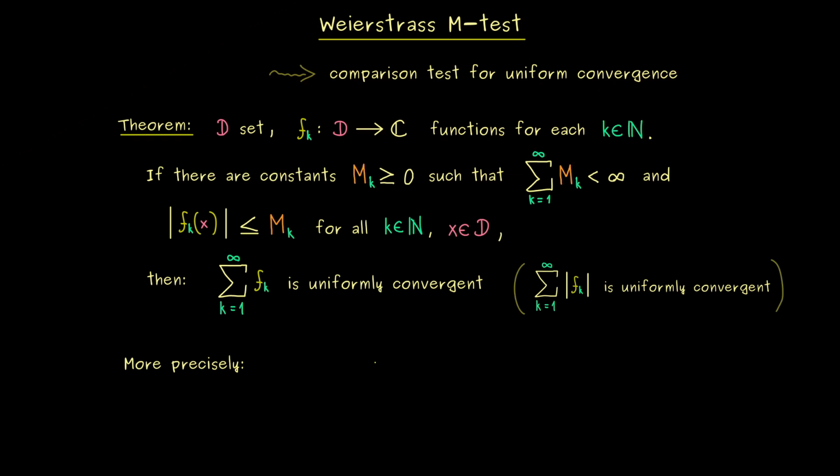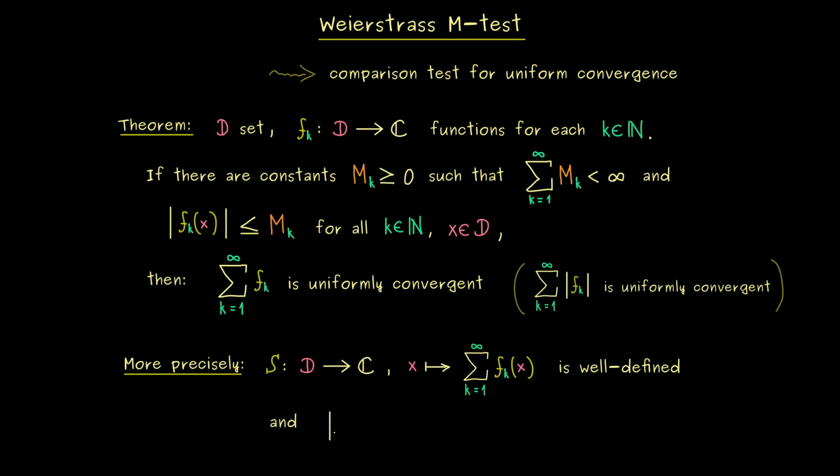Now in the case you don't know exactly what the term uniform convergence means, let me refresh your memory here. Now the first thing you should see here is that we get a well-defined function we can call capital S. And this one has the same domain D and it sends x to this series. And what I mean there is that we just sum up f_k(x). And this limit should exist, so we get a well-defined function S. And moreover, this capital S is the limit of the partial sums of the functions f_k.